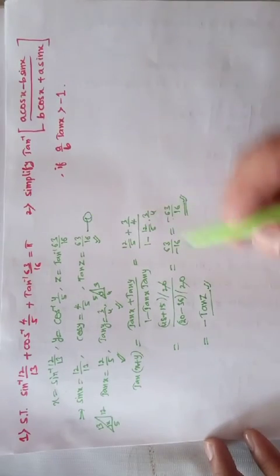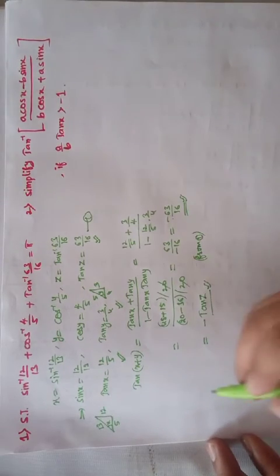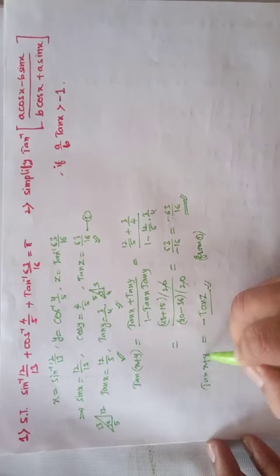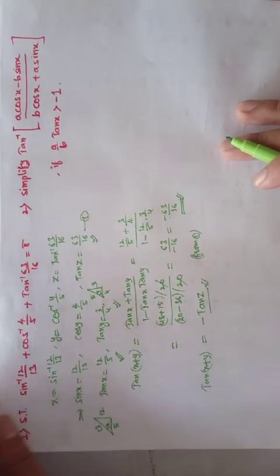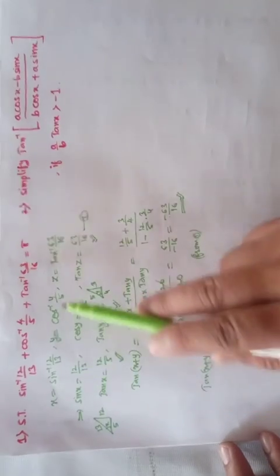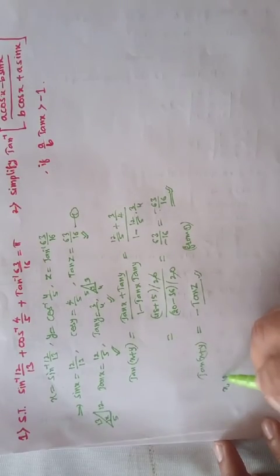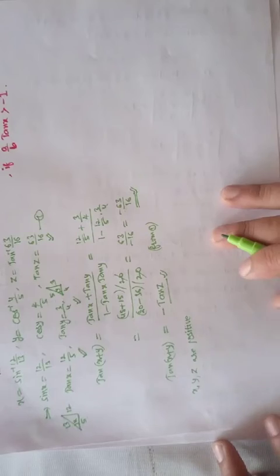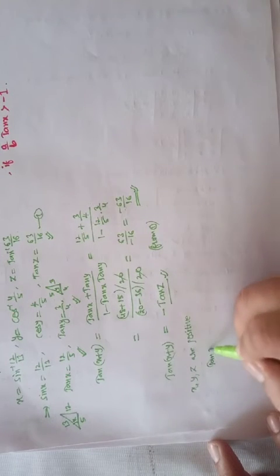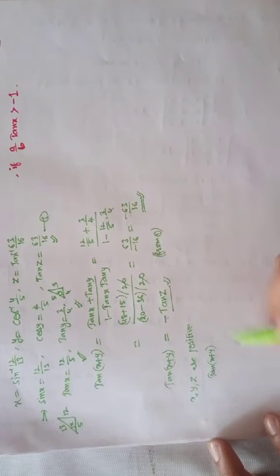So from here I'm writing, tan of x plus y is equal to minus tan z, and all the terms 12 by 13, 4 by 5, 63 by 16 are positive. So x, y, z are positive terms. Then coming to the next, tan of x plus y equals minus tan z can be written in two different ways.